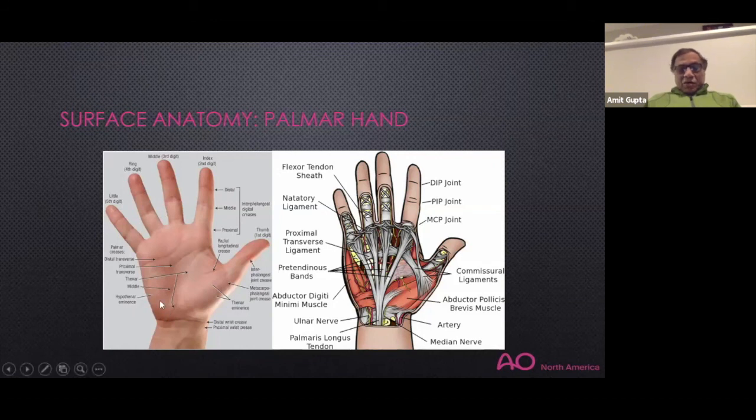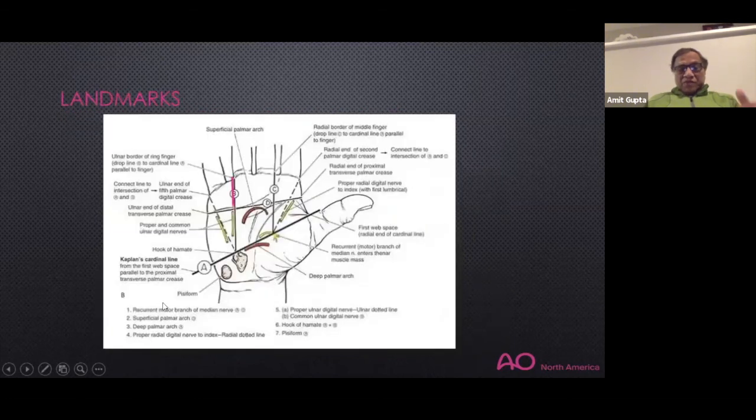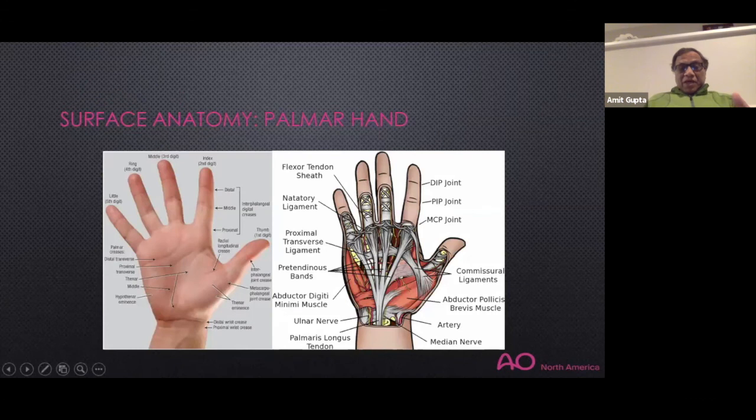Then I open this up, open the flexor retinaculum, and slide my scissors into the distal forearm fascia. The distal forearm fascia is thin and you can slide your scissors in it. But be very careful. Don't go towards the ulnar side, because sometimes in the elderly the ulnar artery can be tortuous.